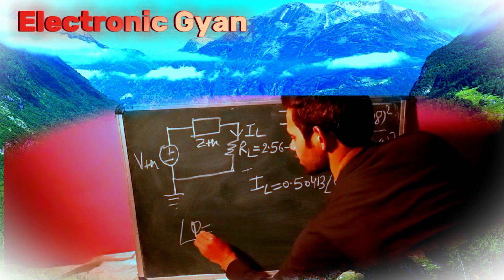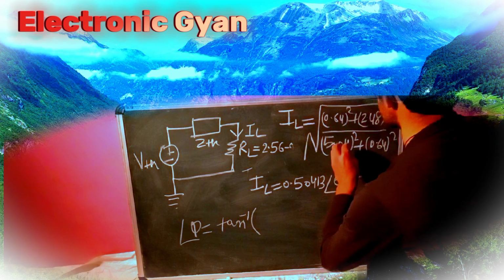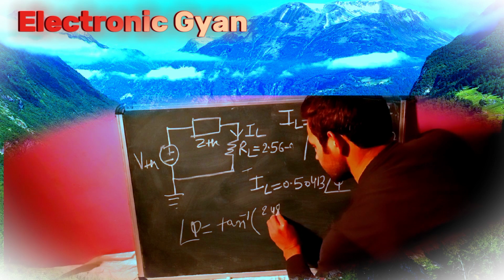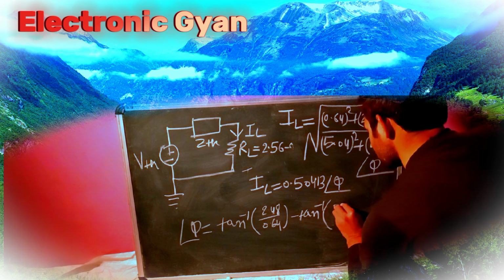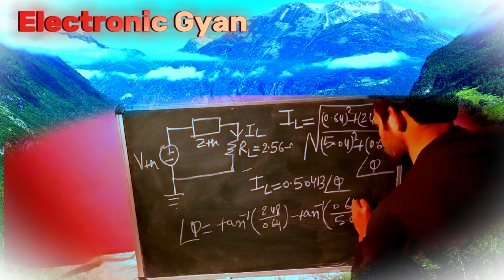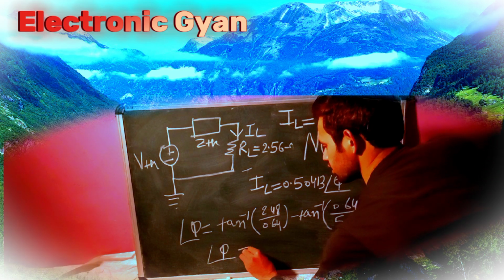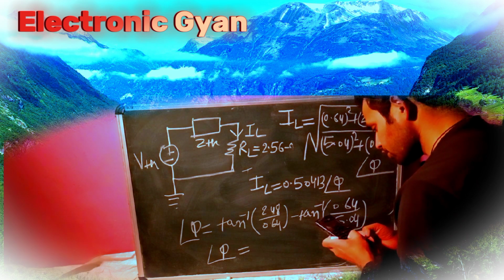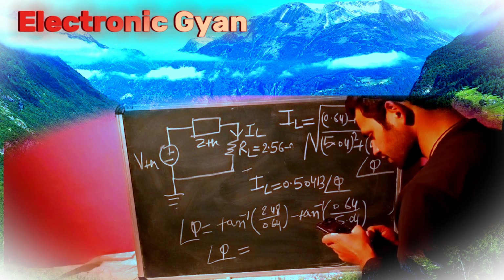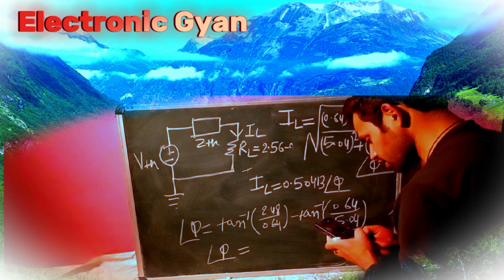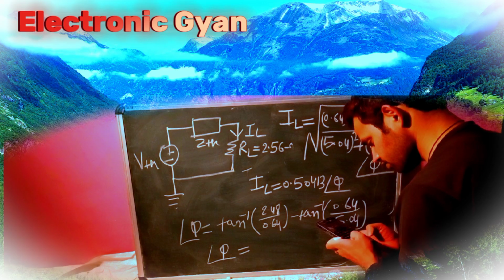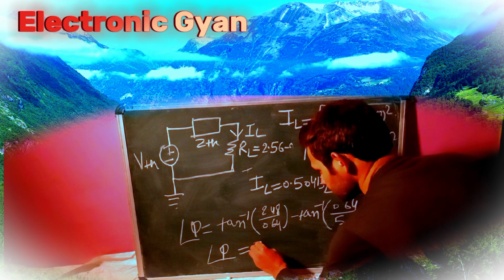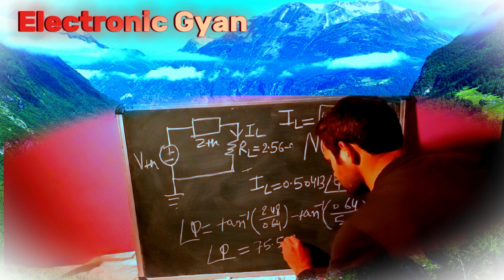Angle phi is tan inverse of 2.48 divided by 0.64, minus tan inverse of 0.64 divided by 5.04. 2.48 divided by 0.64 is 3.875, so this is 75.53 degree.